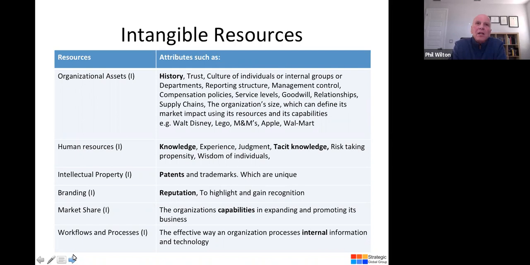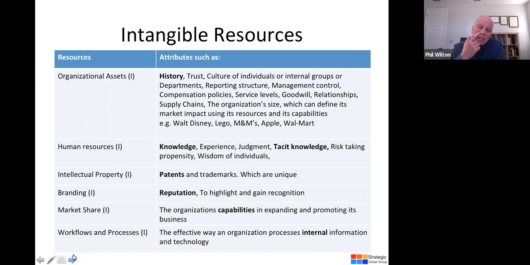How did your company or your organization get to where it is today? Whether it be good in its operation or whether it could do better in its operation. How was it that you got to where you were today? And understanding how you did that will give you a lot of attributes that you can put down into this particular matrix.